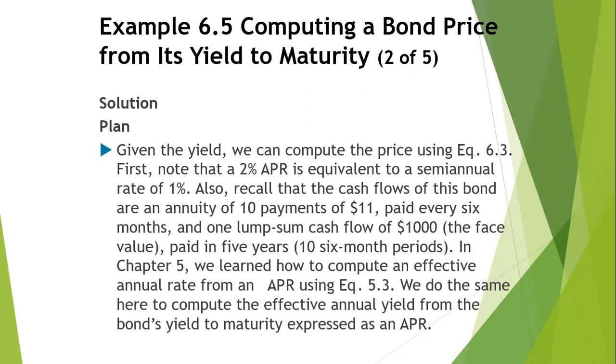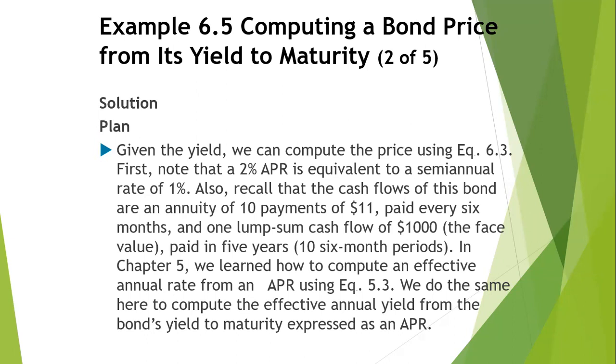Solution plan. Given the yield, we can compute the price using equation 6.3. First, note that a 2% APR is equivalent to a semi-annual rate of 1%. Also, recall that the cash flows of this bond are an annuity of 10 payments of $11, paid every 6 months, and one lump sum cash flow of $1,000, which is the face value, paid in 5 years, which is 10 6-month periods.